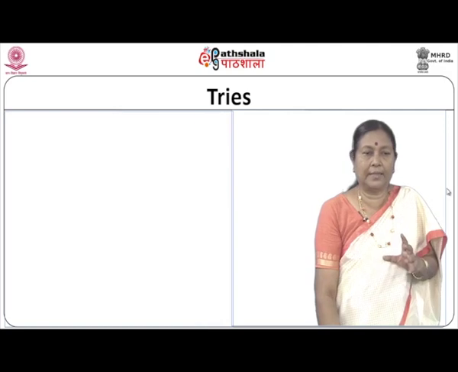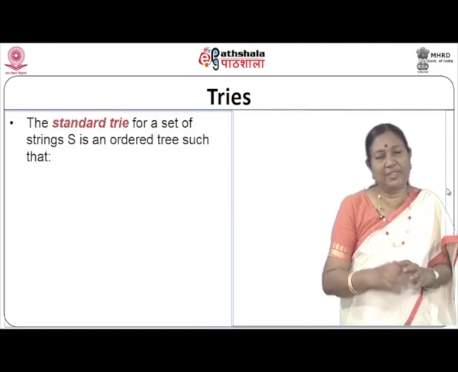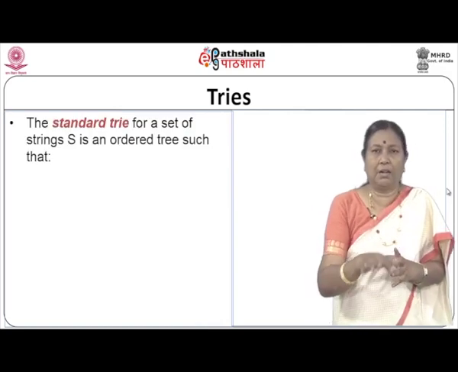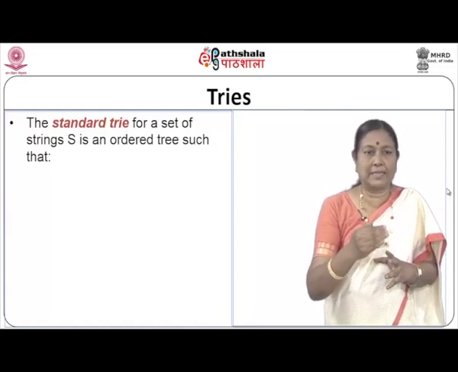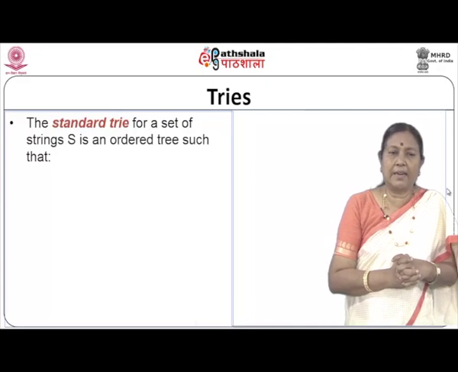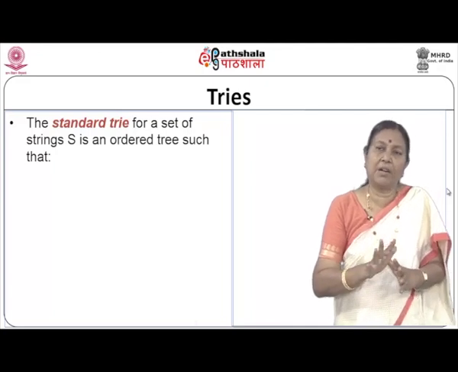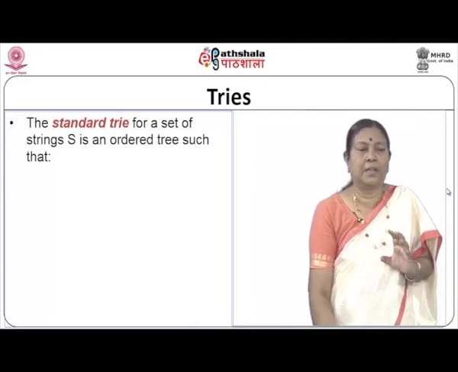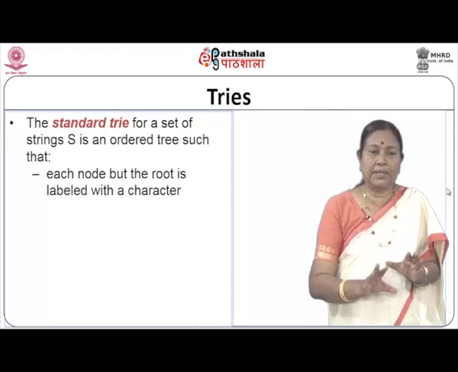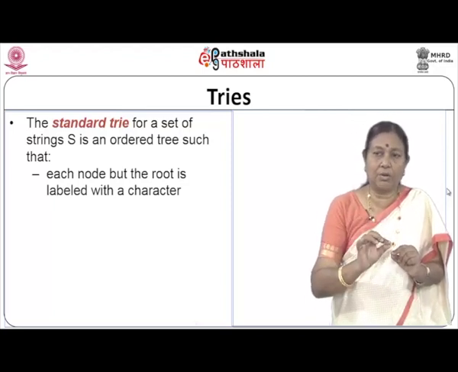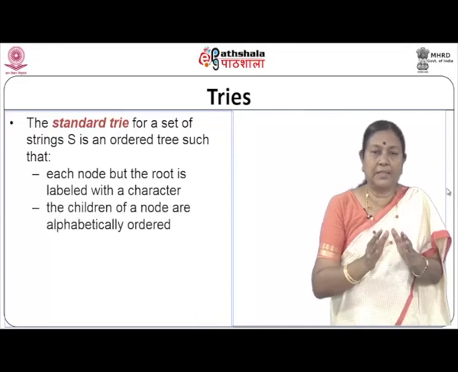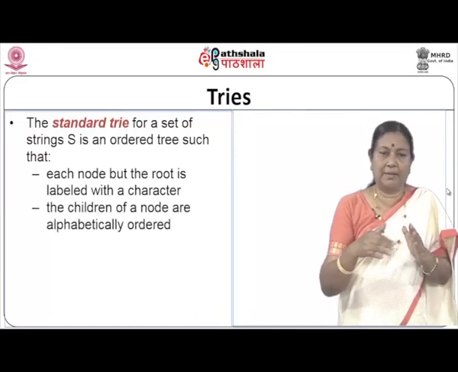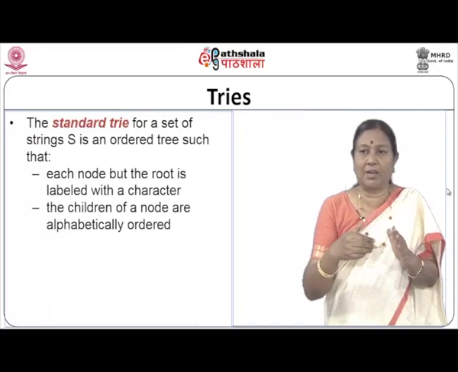So, let us look at it again. There are different types of trie. We will distinguish a normal trie as a standard trie. The standard trie for a set of strings S is an ordered tree such that each node but the root is labeled with a character. The children of a node, if you have children, are alphabetically ordered, that is why it is called an ordered tree.